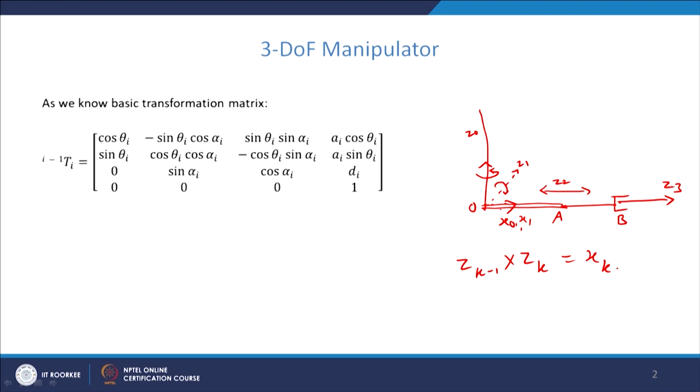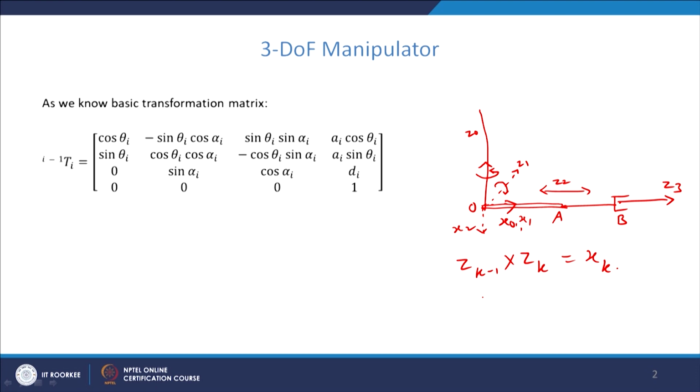Z1 is this direction, Z2 is the direction given here. Then the cross product will give the axis. So, the X2 axis is pointing downwards in this particular situation.